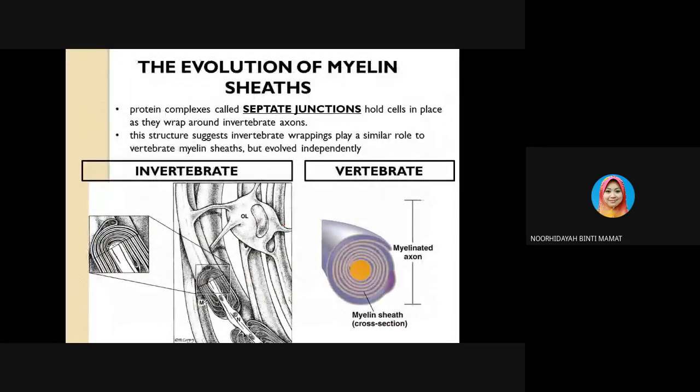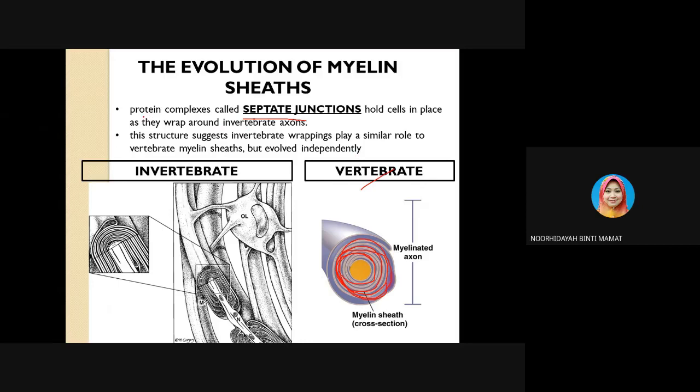The protein complex we call the septate junction in the invertebrates. Certain junctions hold cells in place as they wrap around the invertebrate axon. In the vertebrate, the cells that wrap around the axon are the Schwann cells, and if they are wrapped many times, they form a myelin sheath.